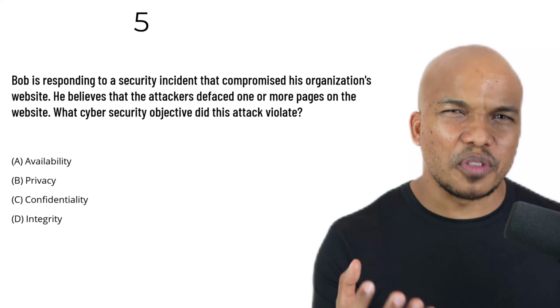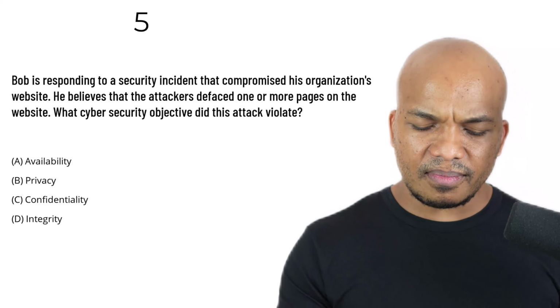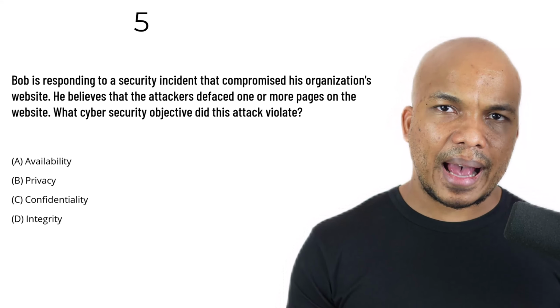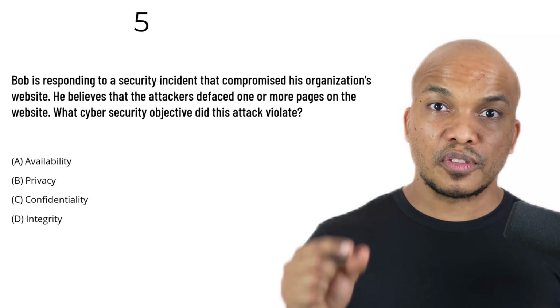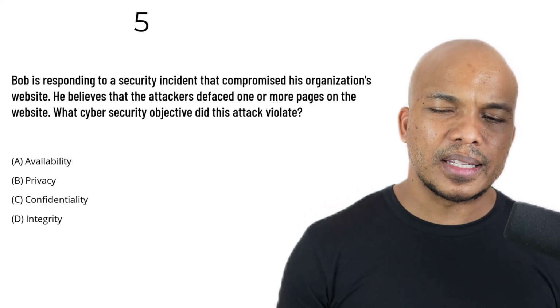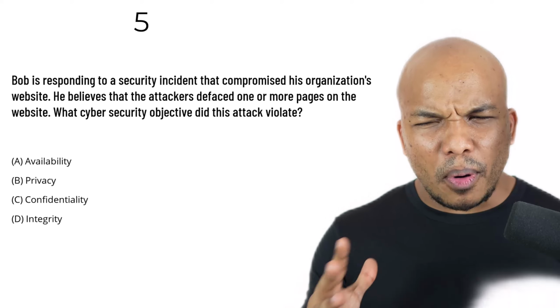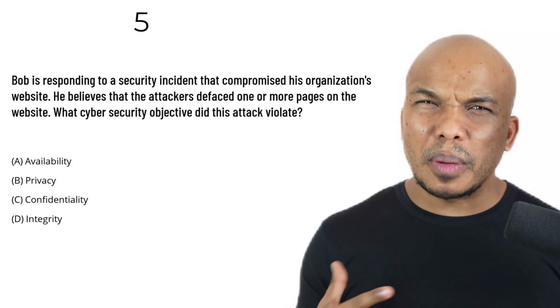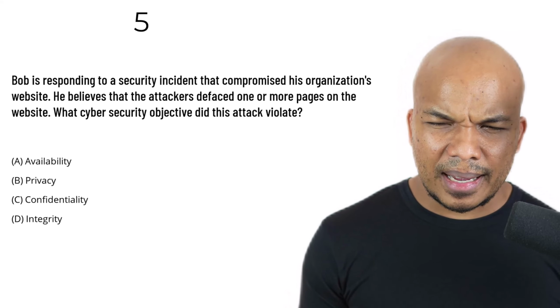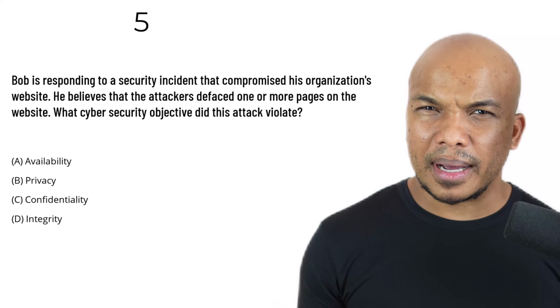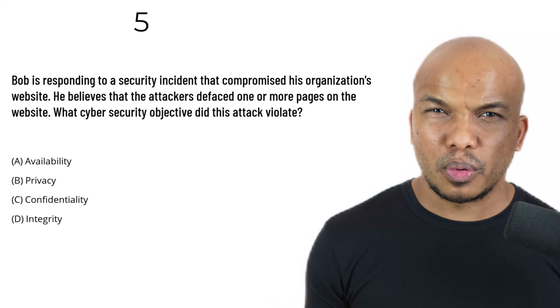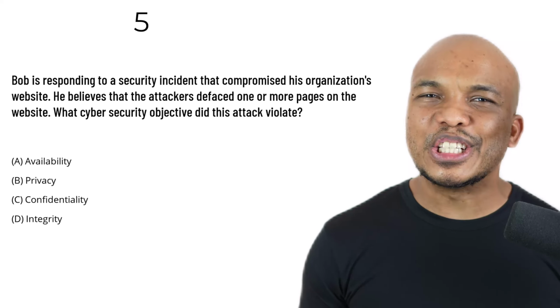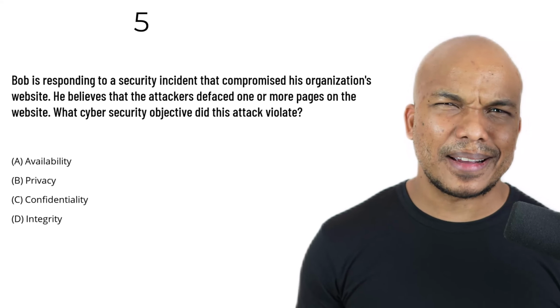Confidentiality. Okay, so what is confidentiality? Making sure that data is accessed by only those who have the right permission to access it, right? Confidentiality, possibly, but again, it's a website, it's web pages. It's meant to be accessed by pretty much anyone, right? It's a public website. So I don't think confidentiality is going to be the answer right here.